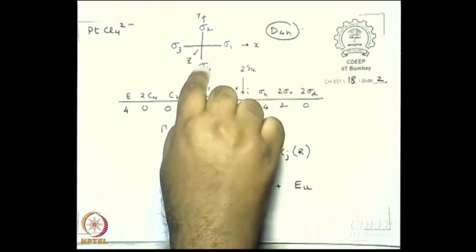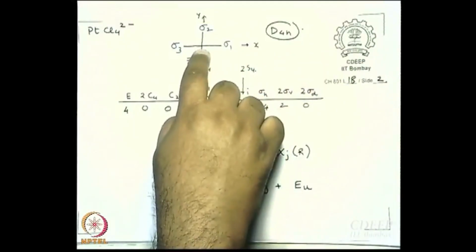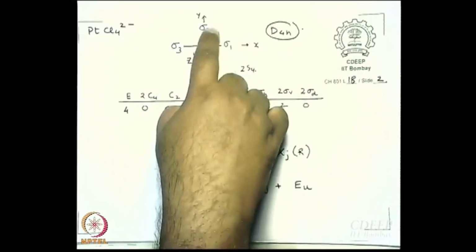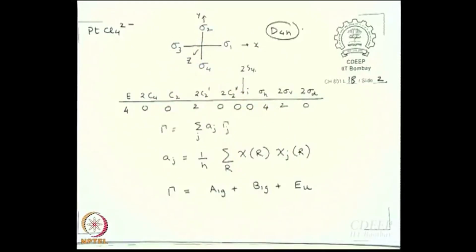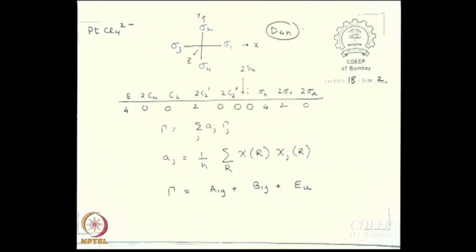This is your platinum, and sigma 1, sigma 2, sigma 3, sigma 4 are 4 s orbitals that chlorine atoms use for sigma bonding or dative bonding, whatever you might want to call it. This is the x direction, this is the y direction, and z direction is pointing towards you, saying you are late.